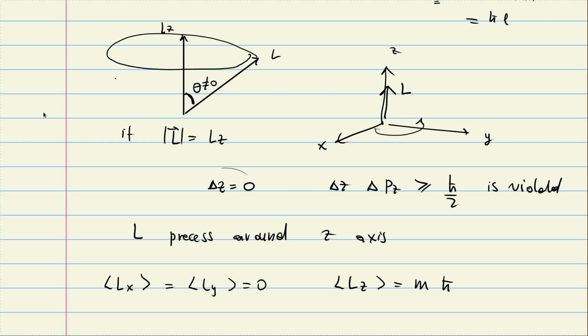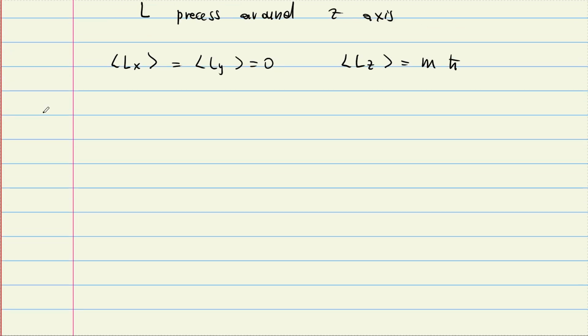So I want to finish this. Last time we were talking about angular momentum, and I couldn't finish the last piece. Let me finish that, and then I'm going to be talking about these quantum numbers more. Let's think about angular momentum.